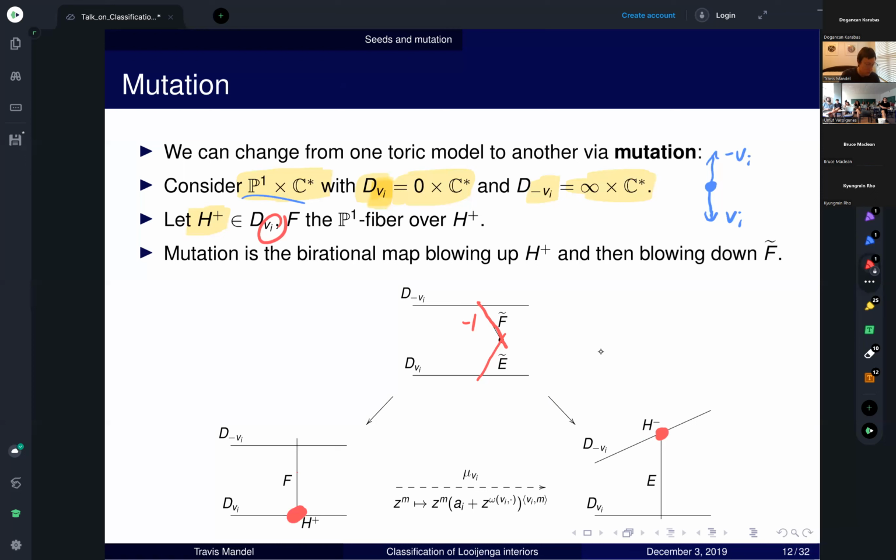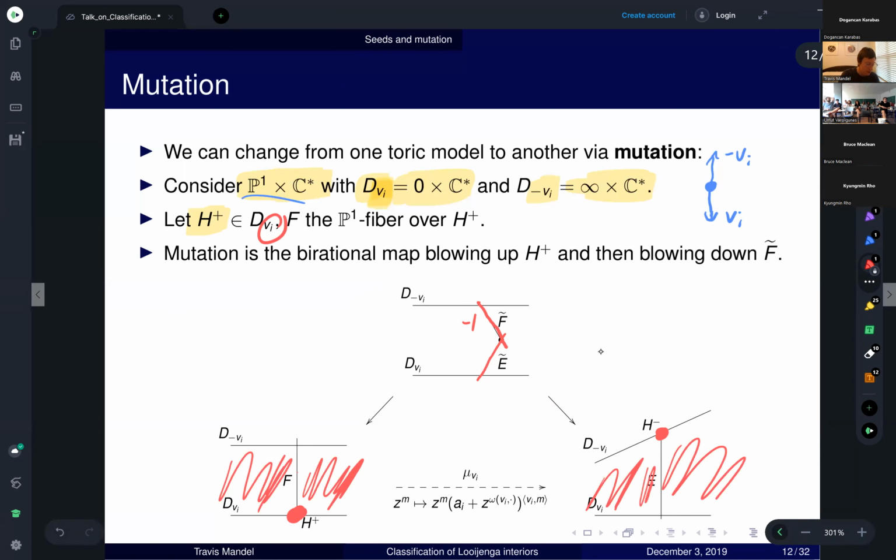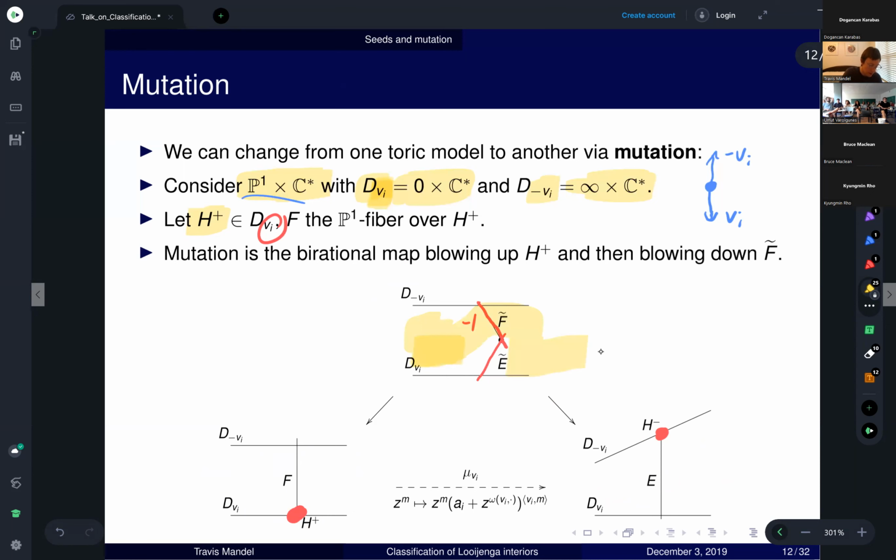So basically, the Zariski dense subsets here are everything except for F, and everything except for F in the boundary, and then everything except for E in the boundary. And when you glue those together, from this picture you're able to see F, you get everything except for E, and then this picture adds an E. So when you glue those two together, you're actually getting the full Looijenga interior, the full blown up thing, except for one point.